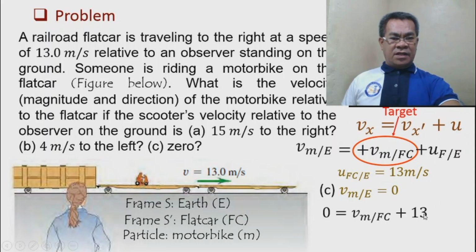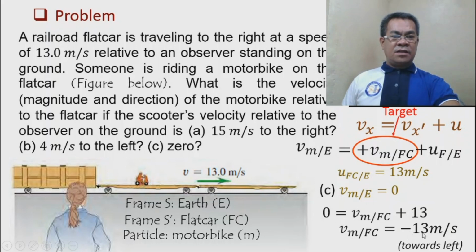So substitute the values, transpose. The answer is negative. So what's the meaning of negative? The negative means the scooter moves towards the left with the same velocity. So the flat car is moving towards the right and the motorbike is moving towards the left with the same magnitude.